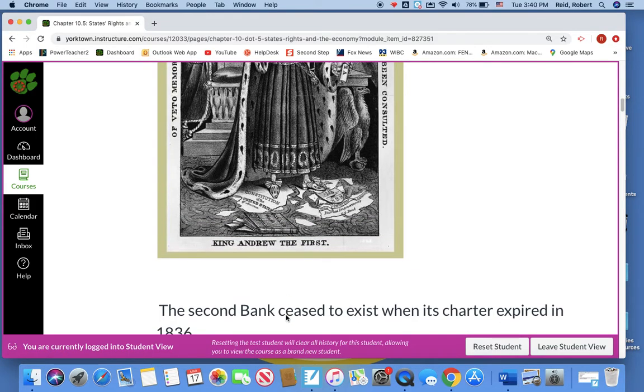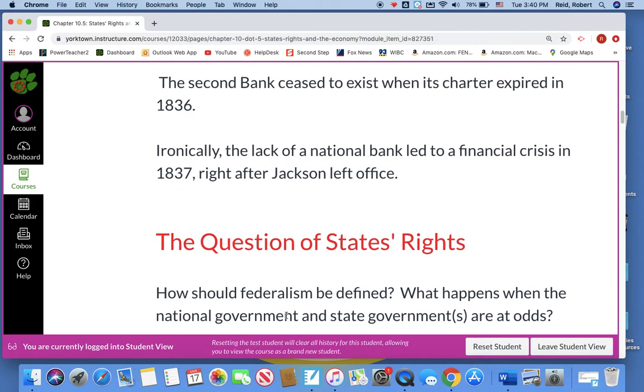So we looked at the idea of Thomas Jefferson not liking the original national bank and how he had killed it with a veto. The second Bank of the United States that we looked at earlier with Chapter 10.4, that was created by Congress, says it ceased to exist or it stopped existing when its charter was allowed to expire by, yeah, you guessed it, President Jackson.